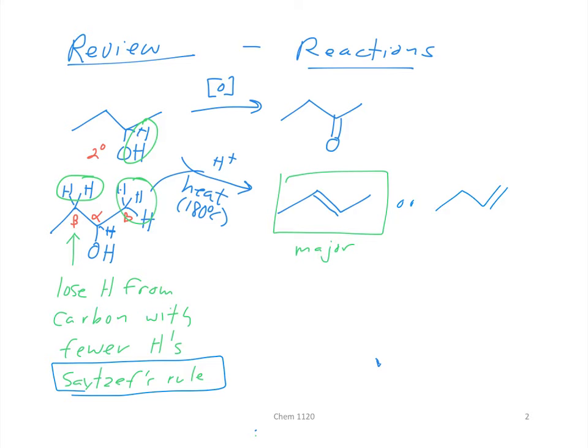So let's think out another one. Let's say we had a molecule like this in a cyclohexane ring, with a CH3 and an OH like this, and we treated it with H+ and heat.